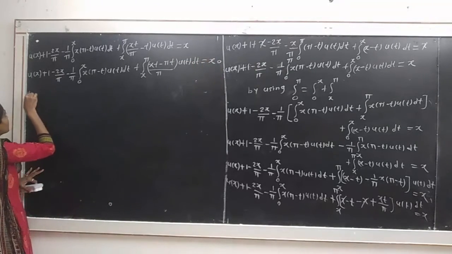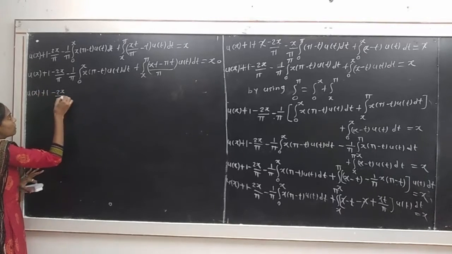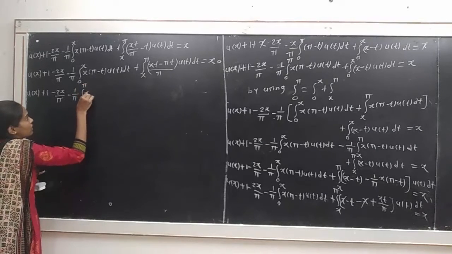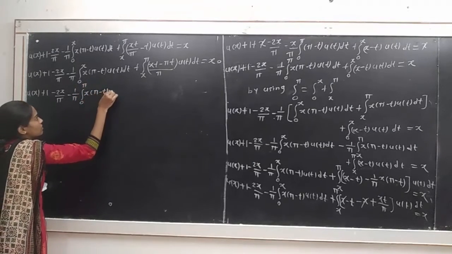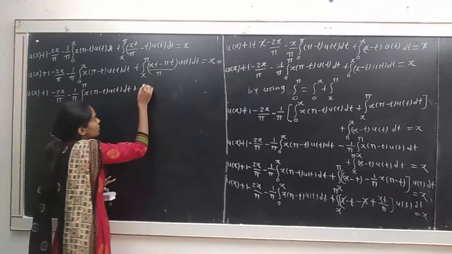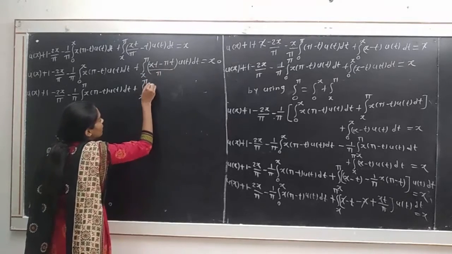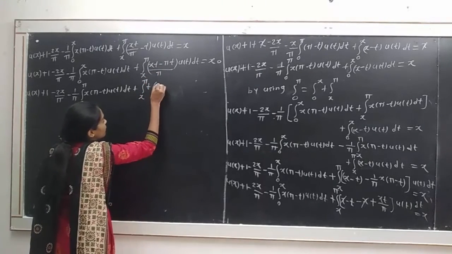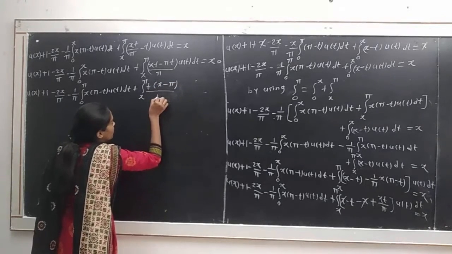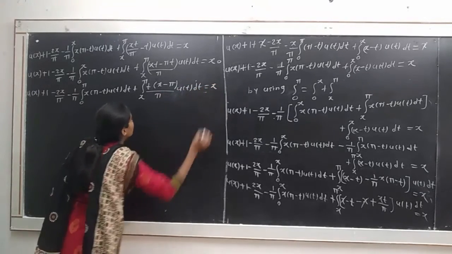Then we get u of x plus 1 minus 2x divided by pi minus 1 by pi integration from 0 to pi pi minus t into u of t dt plus integration from x to pi. Here we take t outside, then in bracket we get x minus pi divided by pi into u of t dt is equal to x.